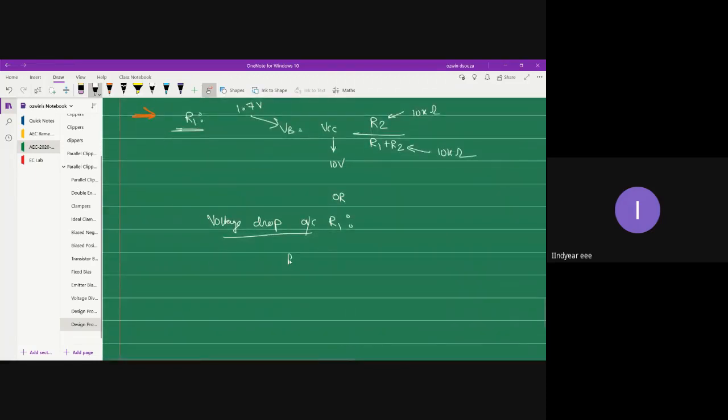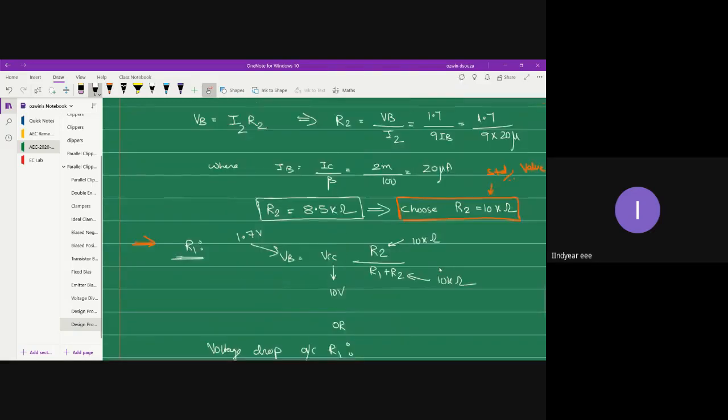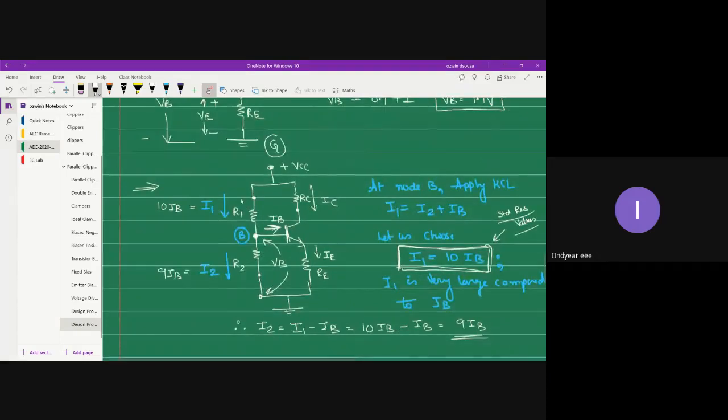Or resistance R1 is equal to voltage across R1 divided by current. Now voltage across R1, since you know nodal analysis, that's the reason I'm telling you.